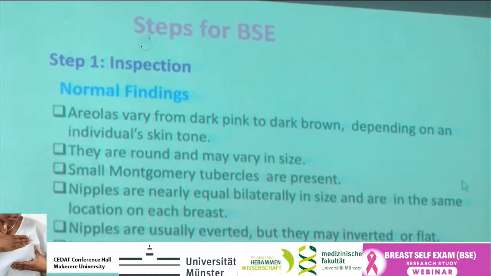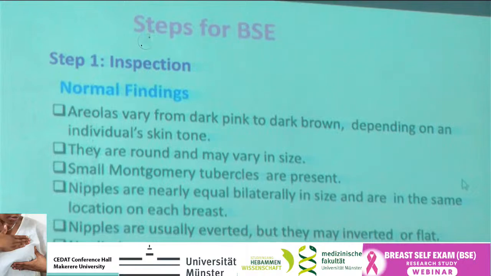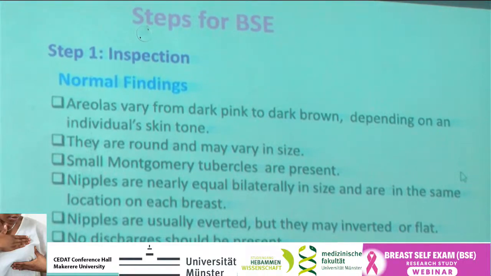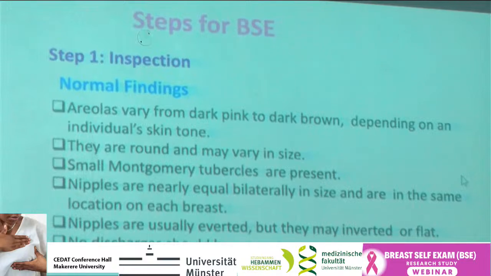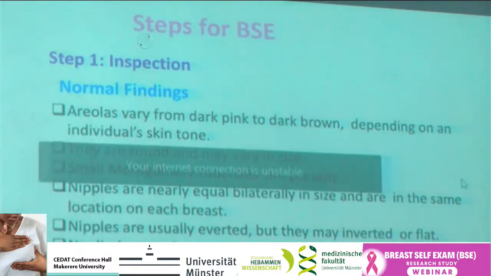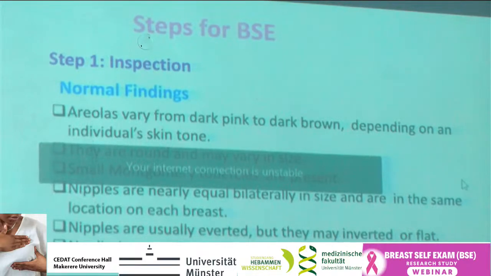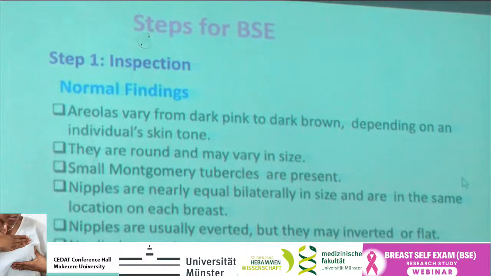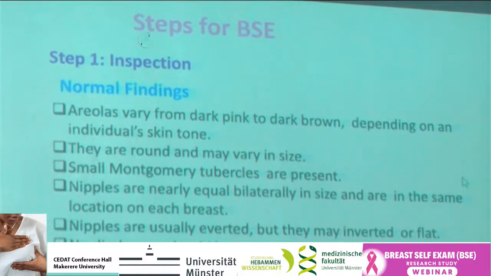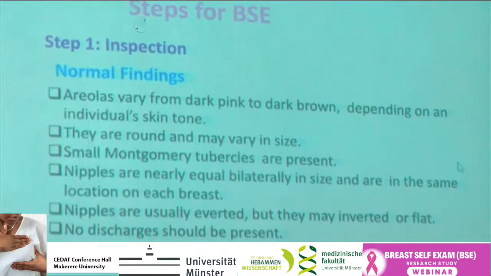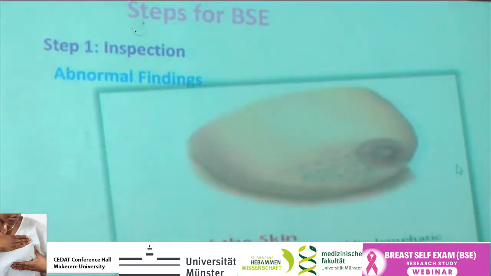Nipples are usually everted, meaning they point outward, but they may be inverted, tending to move inward, or they can be flat. No discharge should be present after you have done your inspection. Those are the normal findings during inspection.